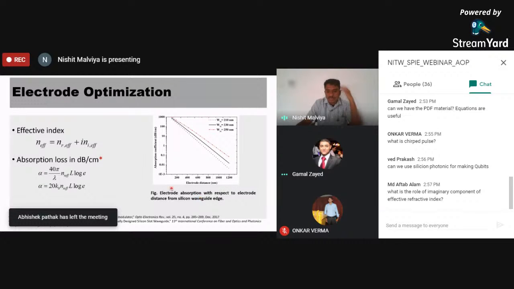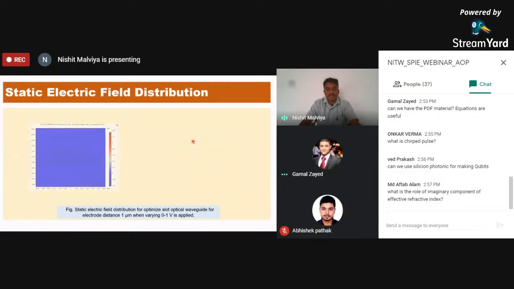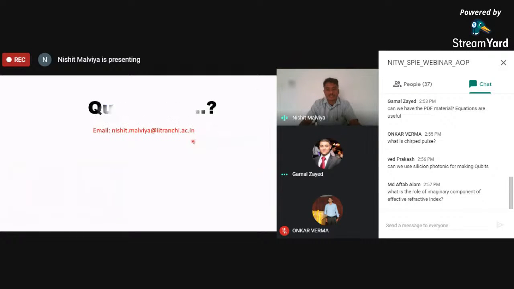So I increase the electrode distance and use these equations to find the absorption coefficient through the negative imaginary effective index. In this way, I optimized our electrode distance here, which is equal to 1. Okay, I think you have the answer to your question.